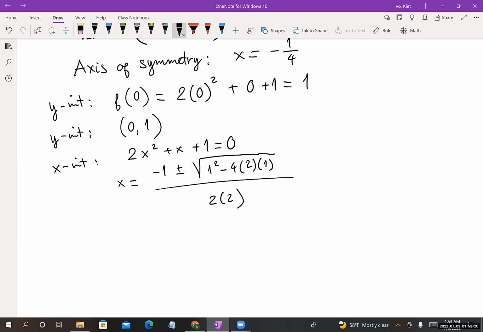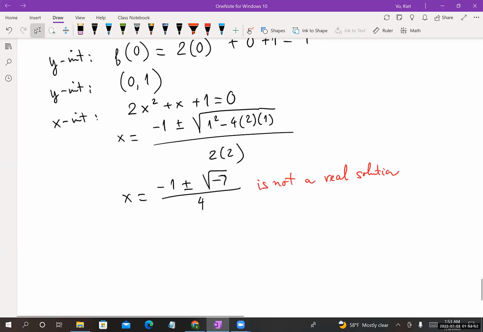The radicand is going to be a negative number, which means this is not a real solution. So x is negative 1 plus or minus the square root of negative 7, which is a problem. That means there's no x-intercept.